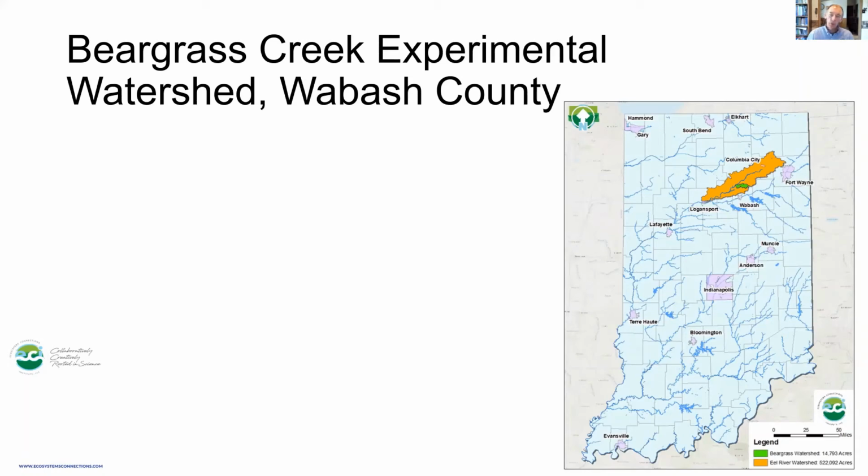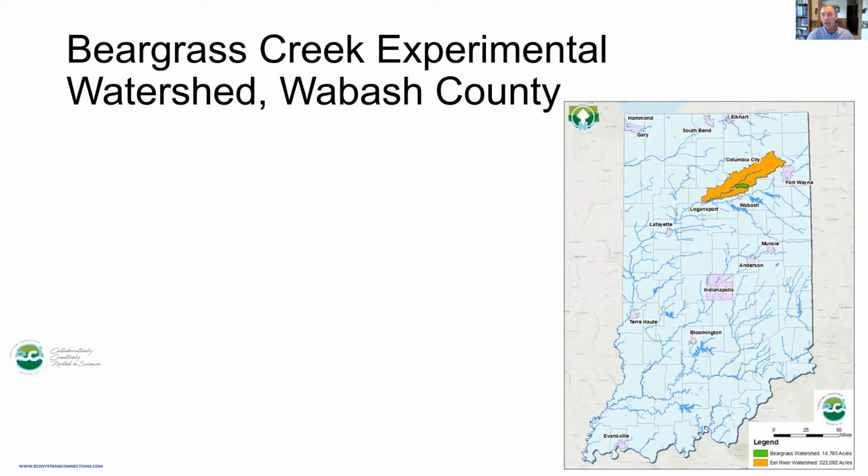So we started looking at what's actually flowing down the river. A lot of the work that's been presented has been on drainage and soil health. What we wanted to know is what sort of loss of nutrients and sediment is moving through the channel. What are some opportunities for restoring the Eel River Basin?